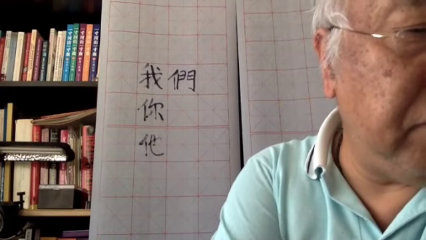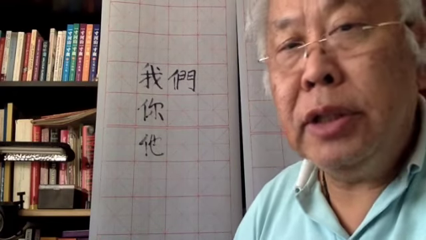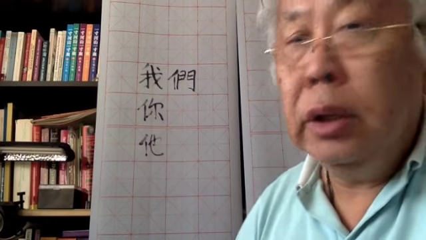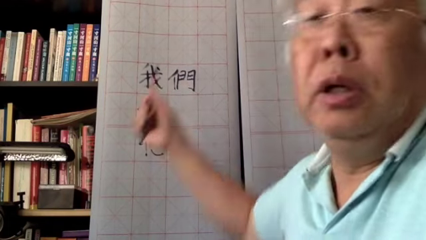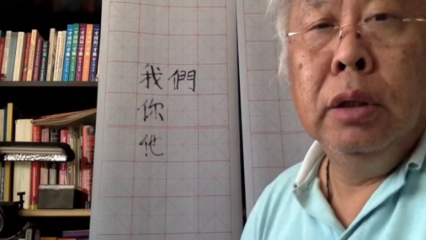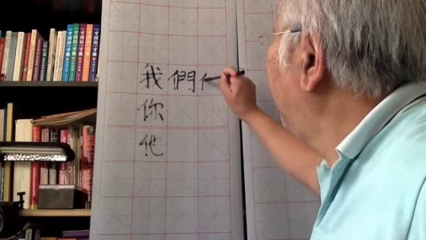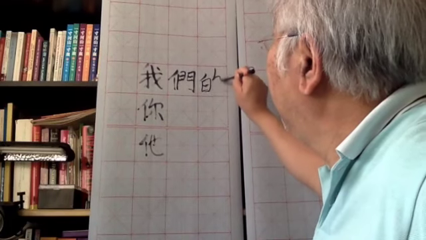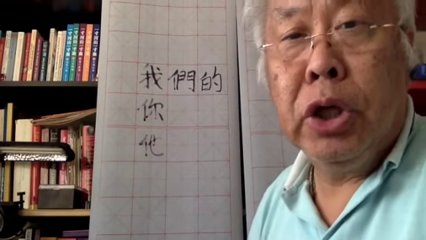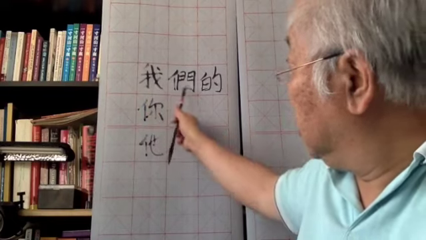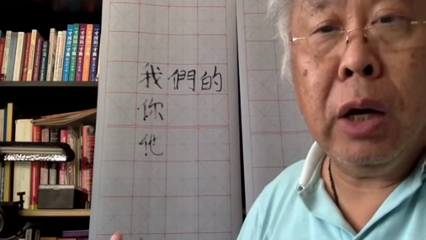For possessive pronouns, whether it is singular or plural, depending on whether you have this plural form there, you just need to add one more word. So these three words combined means ours.